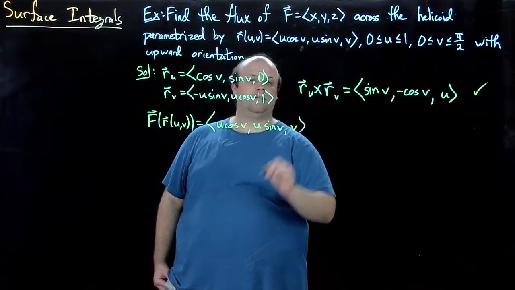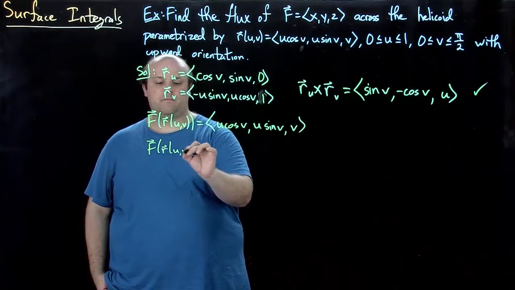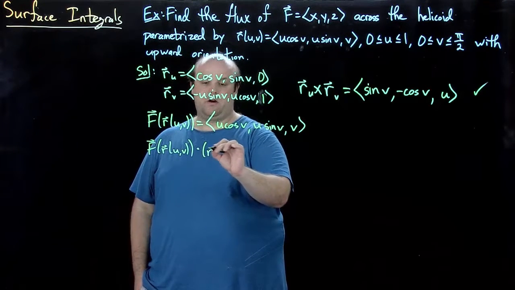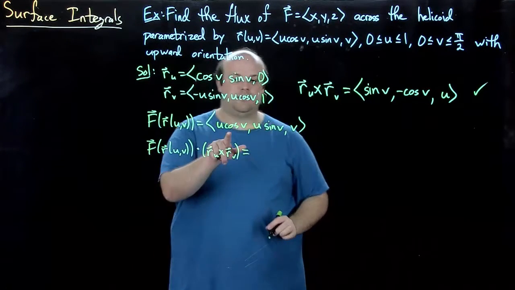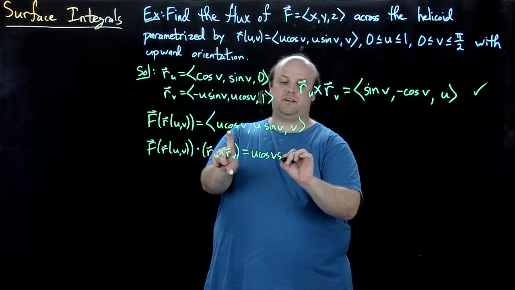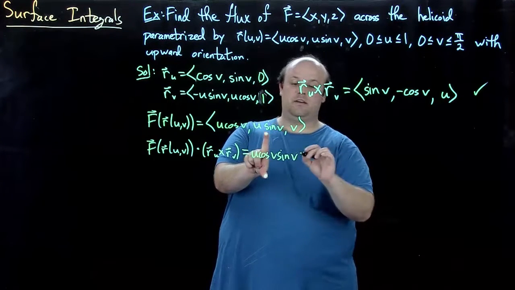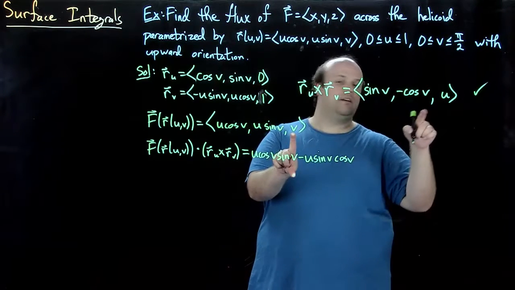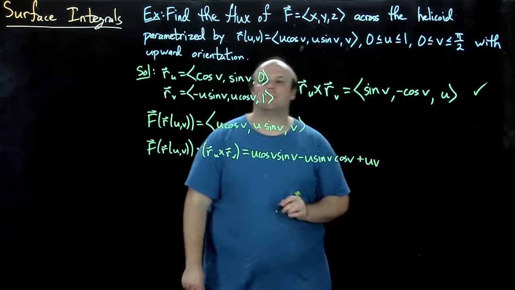Then we need F of r of u, v dot r_u cross r_v. So it's u cosine v times sine v, plus negative u sine v times cosine v, plus this times u, which gives uv.